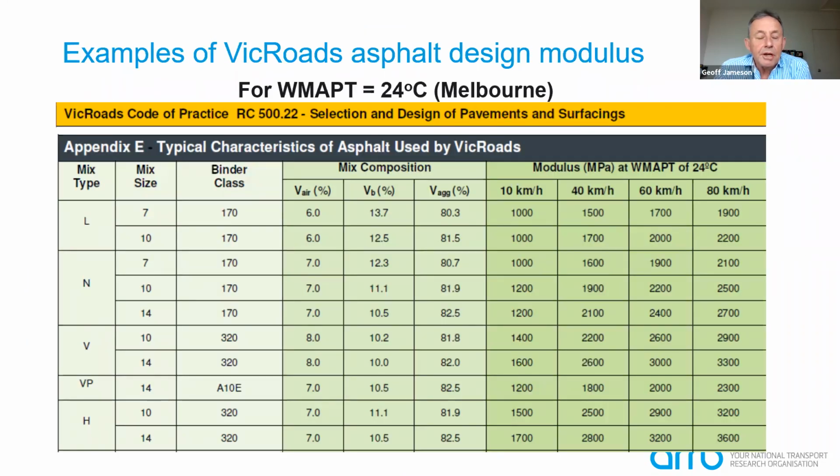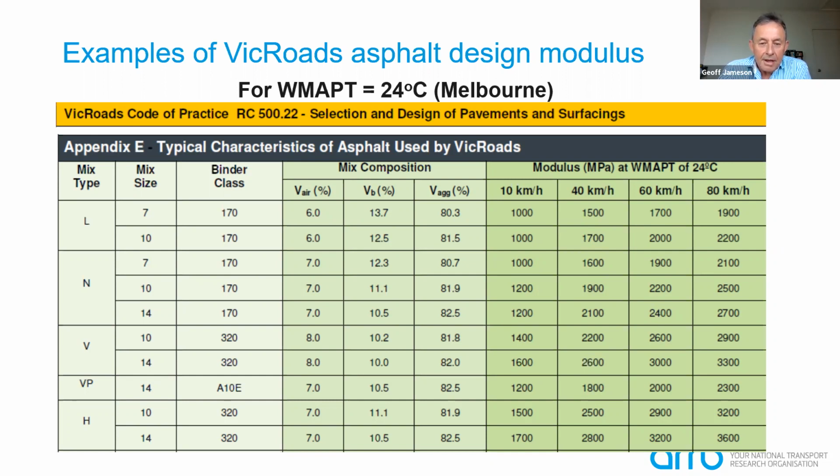This slide here just gives you an example of some of the design moduli that are being used. And in this case, it's the values for Melbourne that VicRoads would specify. And you can see, depending on the size of the mix and also the binder class, whether it's a softer class 170 bitumen or a stiffer class 320, or a polymer like that A10E, the modulus changes across the various values that you might use in design.